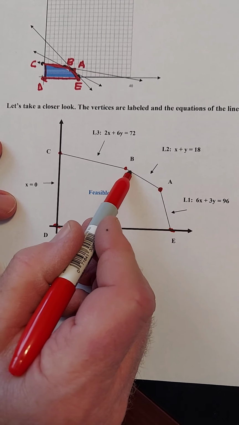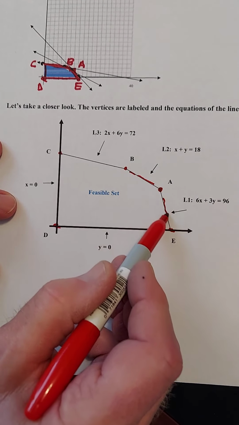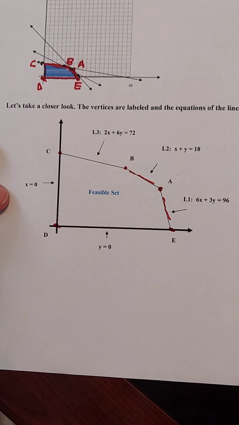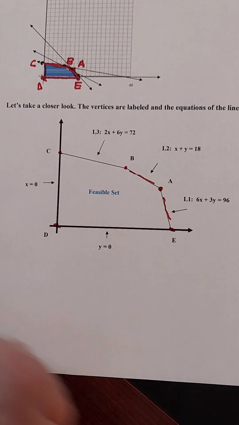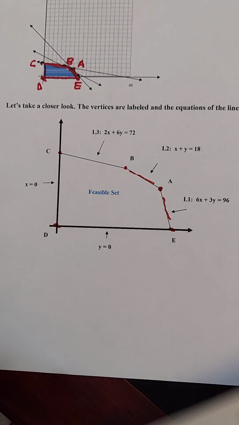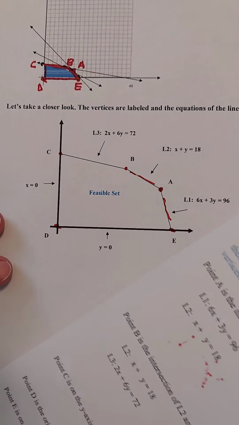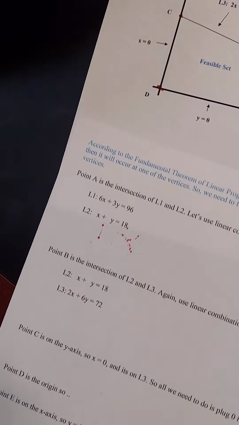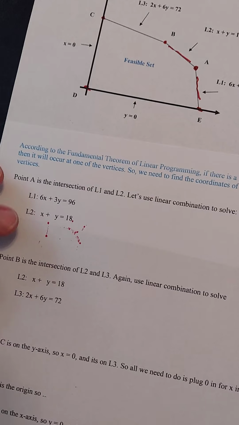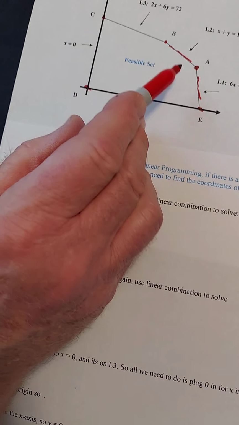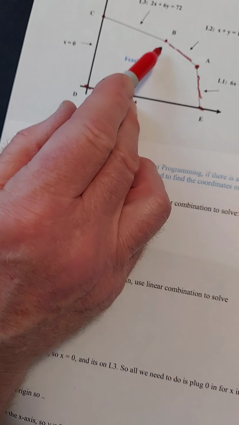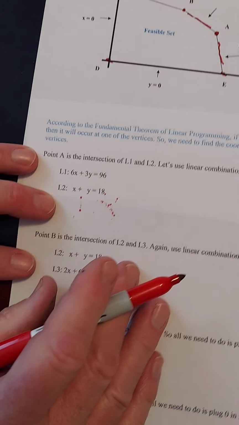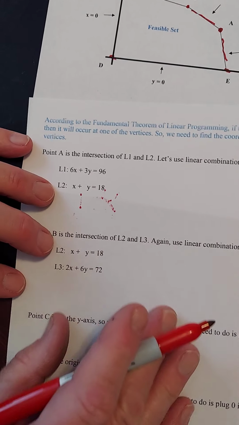A is the intersection of this line and this line, which are the two equations for it. L1 was this line and L2 was that line. So I want to find the intersection of L1 and L2, and I wrote those down here.